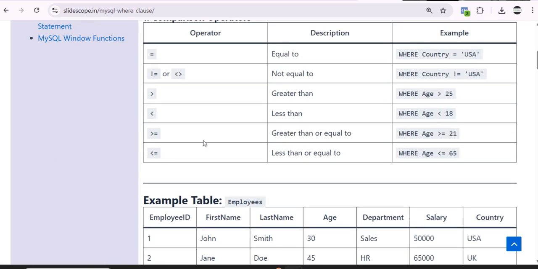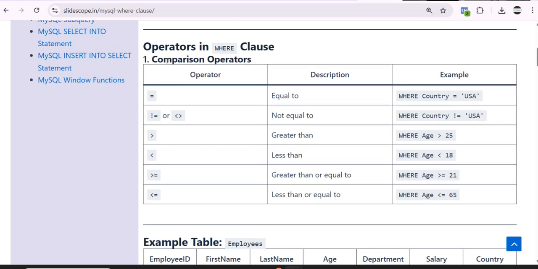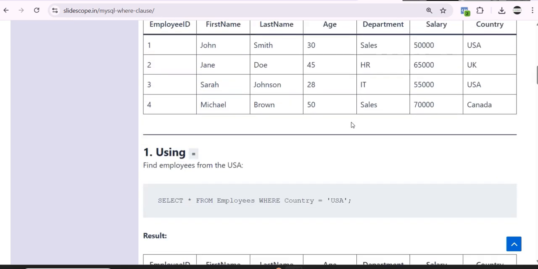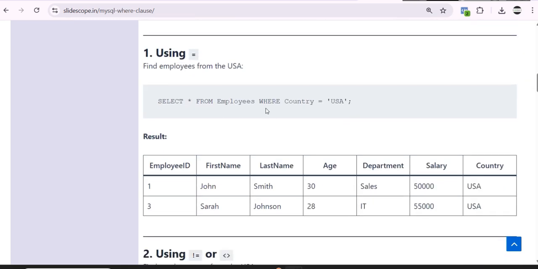In where clause we used comparison operators: equal to, not equal to, greater than, less than, greater than or equal to, less than or equal to. As the name suggests, these are used to compare values. So where country is equal to USA, where country not equal to USA. So these were some of those examples.